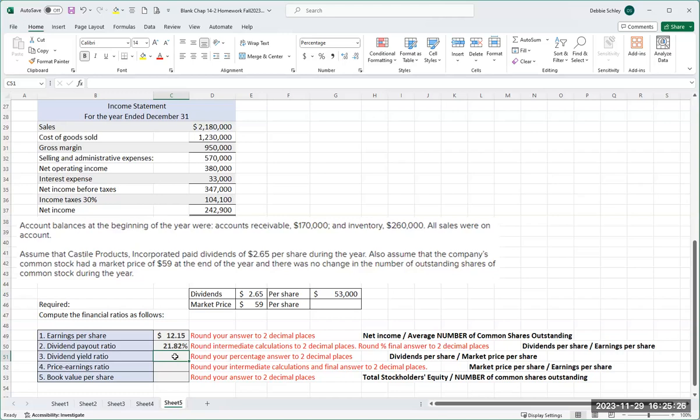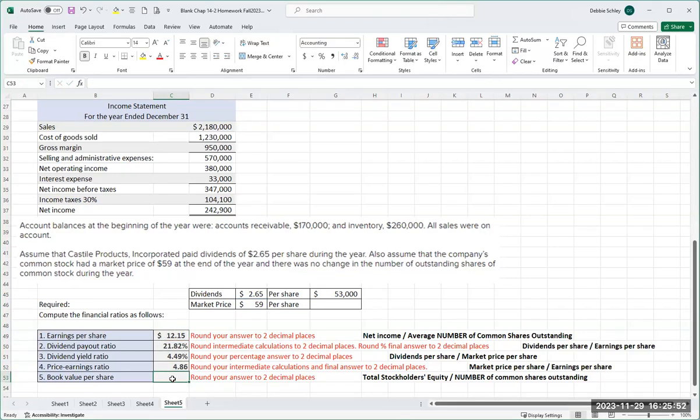Dividend yield ratio equals dividends per share divided by market price per share. And then price earnings ratio equals market price per share divided by earnings per share, which again was the answer to required 1.